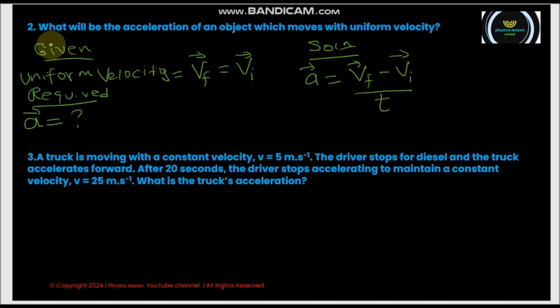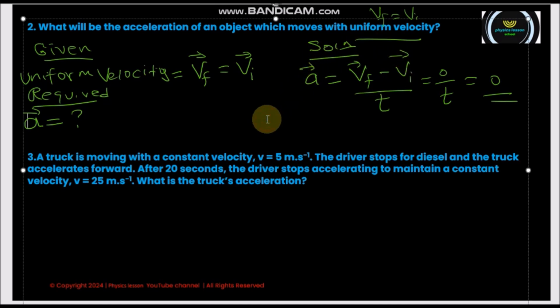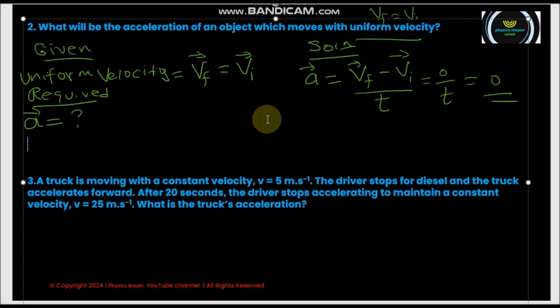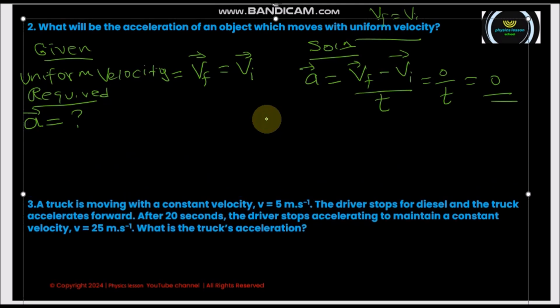But for uniform motion, v final is equal to v initial, because there is no change in velocity. That means v final minus v initial is equal to 0 over t, which is equal to 0. So note that you can write here.